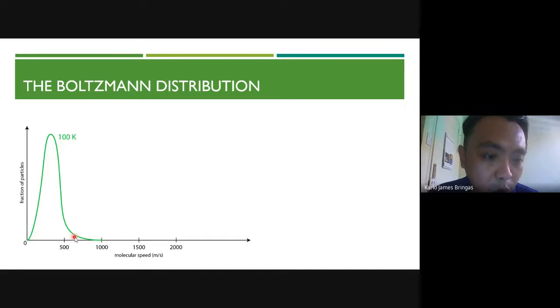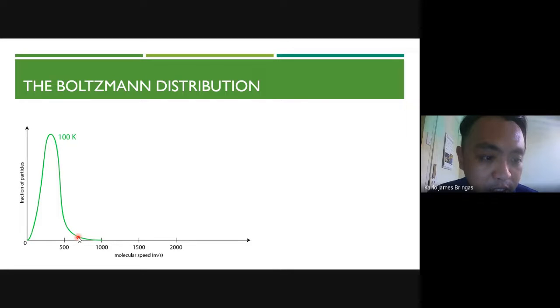Likewise, there are also some gas particles, not a lot of them, moving at very high speeds, around 750 meters per second. It's a very small fraction of our total, but there is still some. It is located here on our graph.